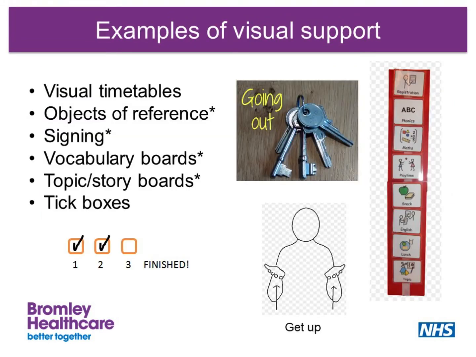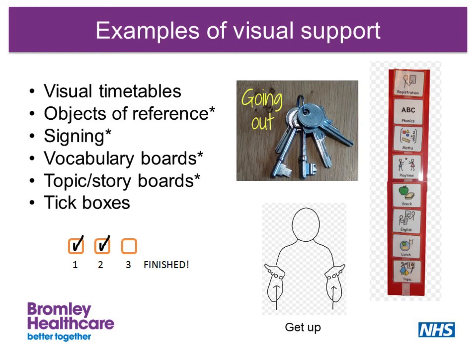This is just a quick slide to give some examples of visual support. So we've got a visual timetable. You can see that there, the one on the right with the red background. You can use objects of reference. So we've got some keys there that might be an object of reference. So when you're going out, you show the child the keys and they link that to going out. It helps them to understand what's happening, maybe anticipate a bit.